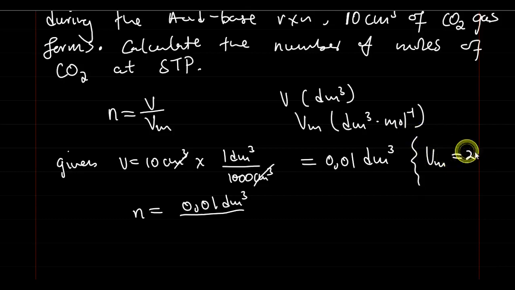It is 22.4 dm cubed per mole at STP. So we put 22.4 dm cubed times 1 mole. Here dm cubed cancels dm cubed. So now we have 0.01 over 22.4.